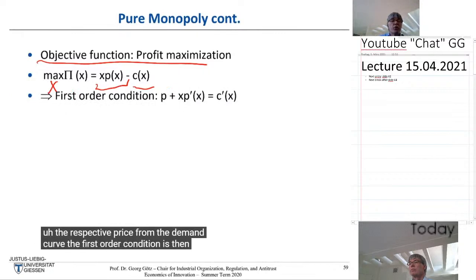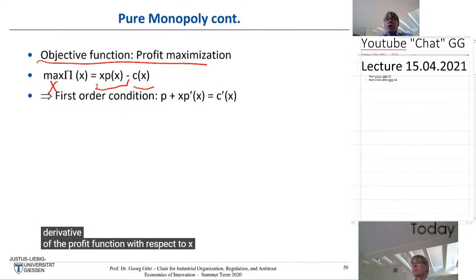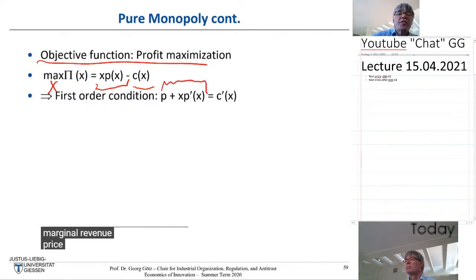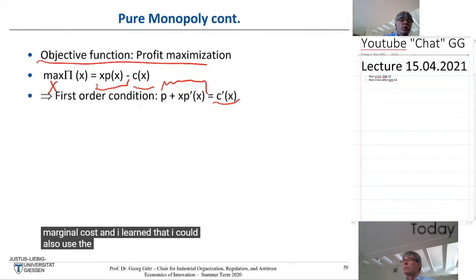The first order condition is then just derived by taking the first derivative of the profit function with respect to X. Here what we have then, of course, is marginal revenue, price plus something, is equal to marginal cost. And I learned that I could also use the laser pointer.